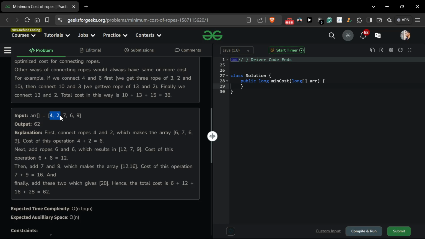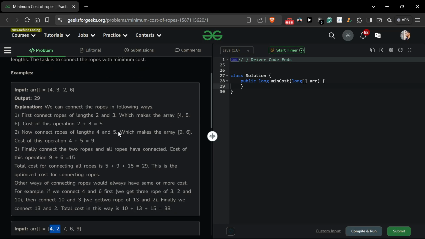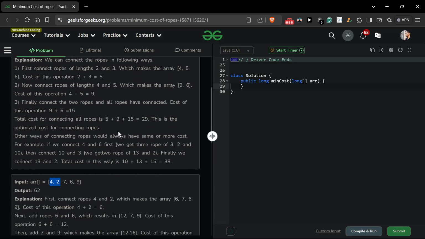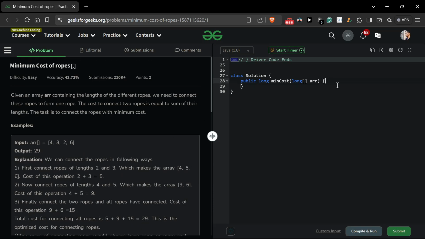This is a pretty simple question, and to get the two smallest length ropes, we need to use a priority queue. The default behavior of a priority queue in Java is a min heap, which means it will give us the minimum element first.